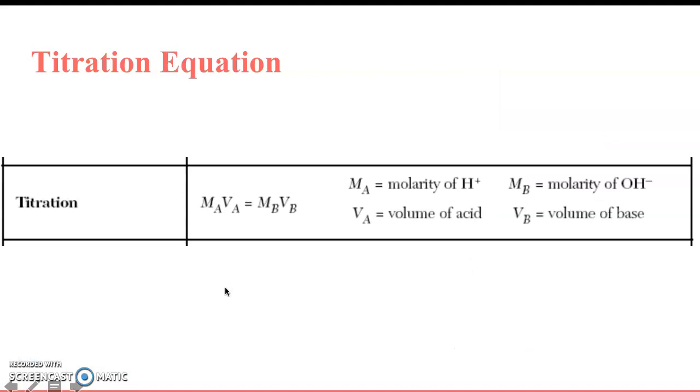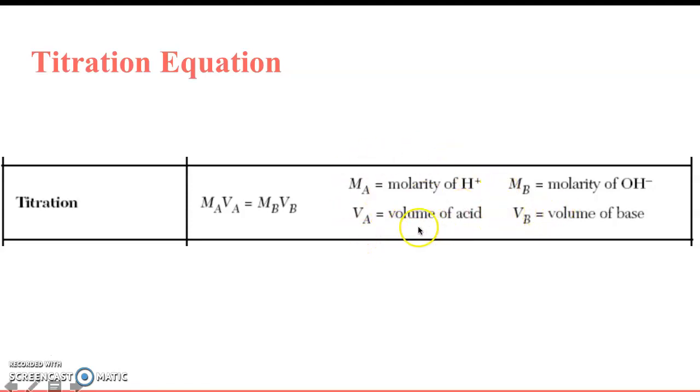The titration equation we're going to use to solve for finding that unknown concentration is on the back of your reference table, table T. So titration, here's our equation: MA, with M standing for molarity. Remember, molarity is moles over liters. It's our concentration of acid.